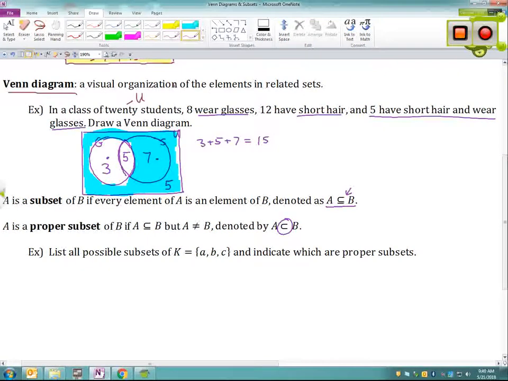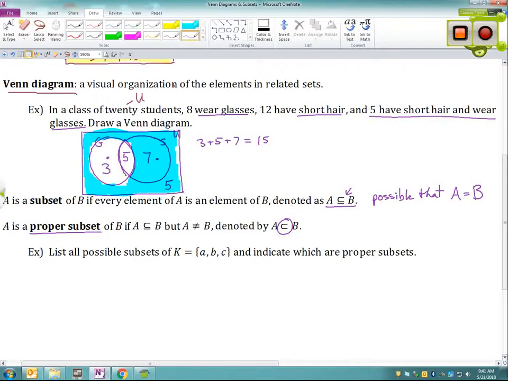So this means it is a subset. It is possible, okay? It is possible that A equals B. It is possible that those are the same sets. We don't know for sure whether or not they are just based on looking at A being a subset of B, but it is possible that they are equal. And I'm highlighting that because a proper subset, our next term, means that every element of A is in B, however, they are not equal.